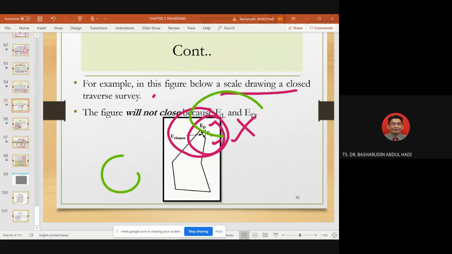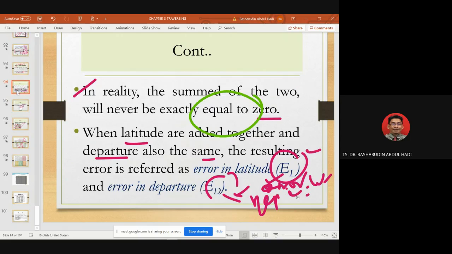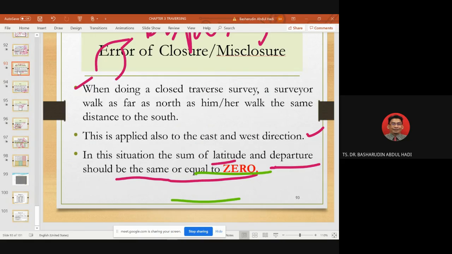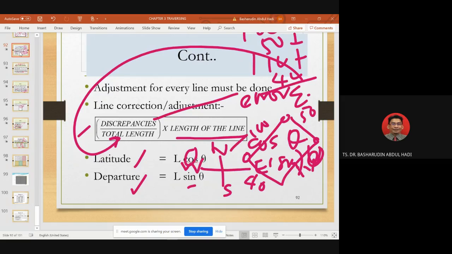So this is the error in distance, error in departure and latitude. We use this formula: error in latitude and error of departure. Coming back, it should be 0, which is the best. And the discrepancy is divided by the total length and times the length of the line.